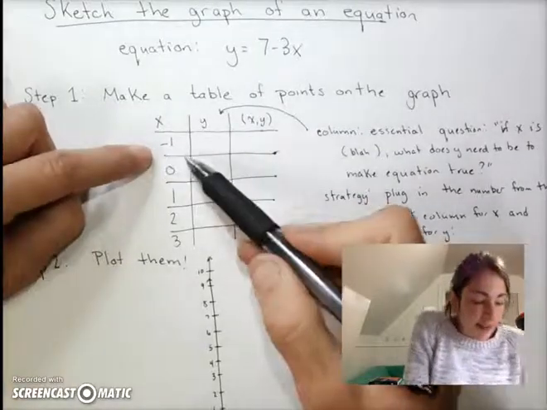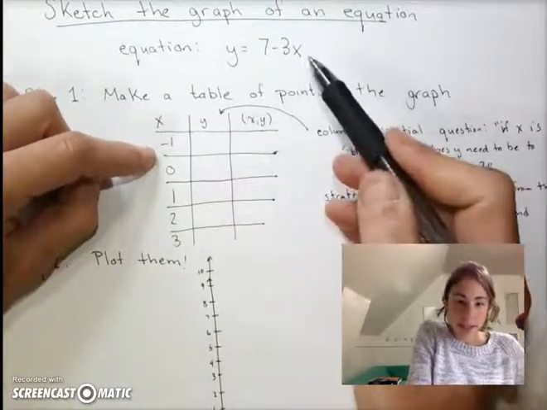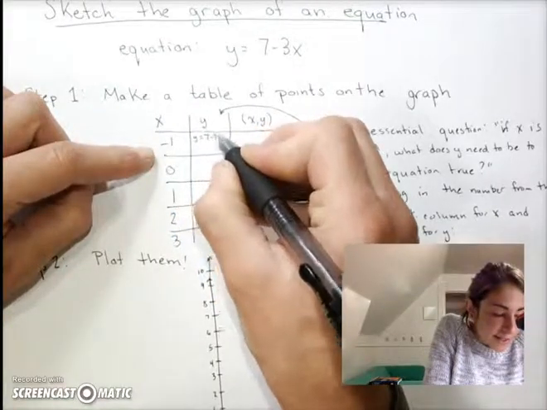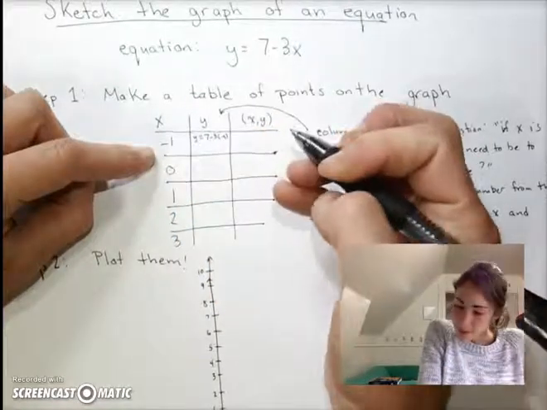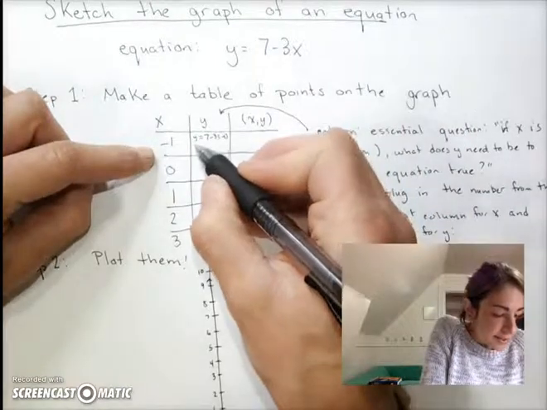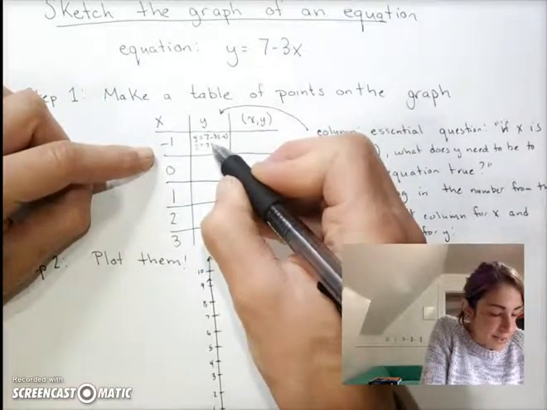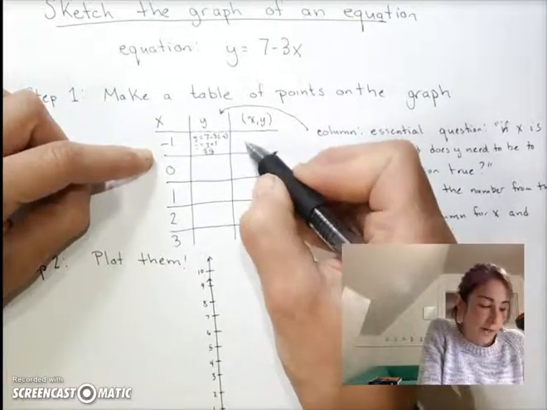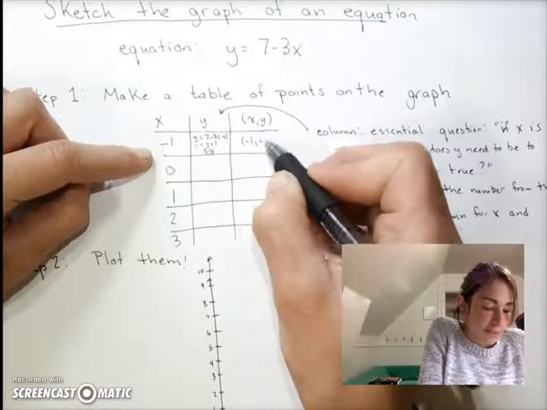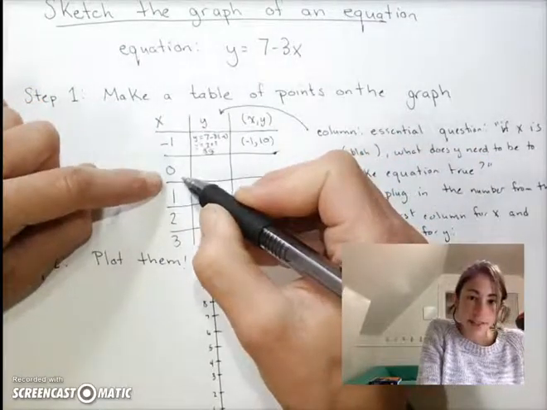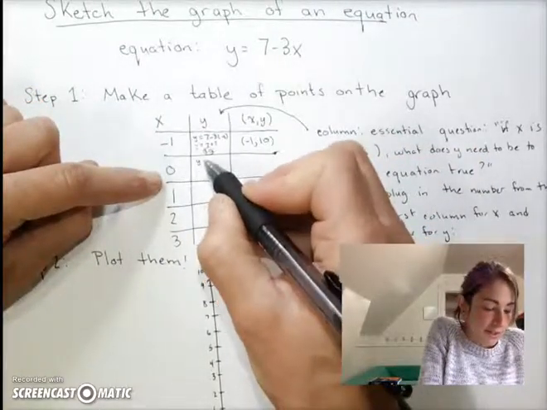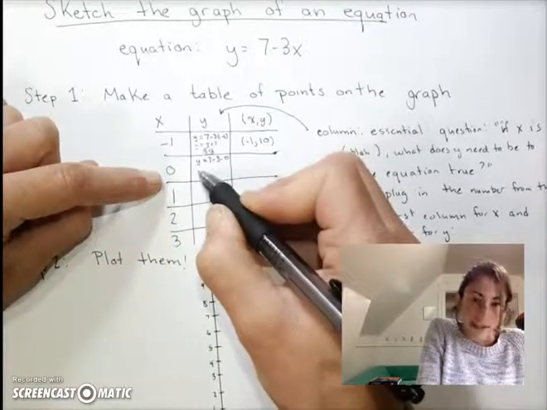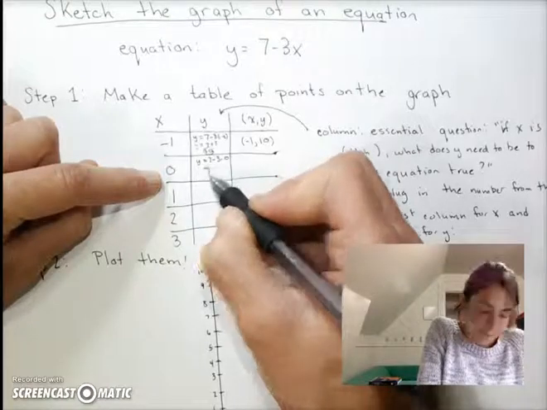So when x is -1, I'm going to plug -1 into this equation and solve for y. So y will equal 7 minus 3 times -1, which is y equals 7 plus 3, so y equals 10. And now this tells us a point on our graph, -1, 10. I do the same thing here, so I'll plug in 0 for x, so y equals 7 minus 3 times 0. So in that case, y will equal 7.